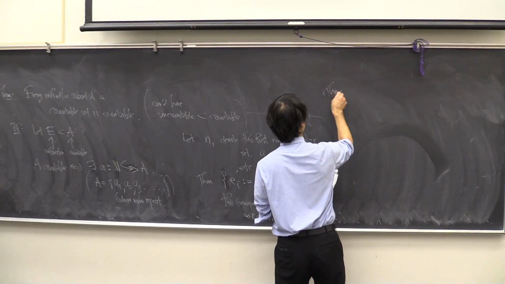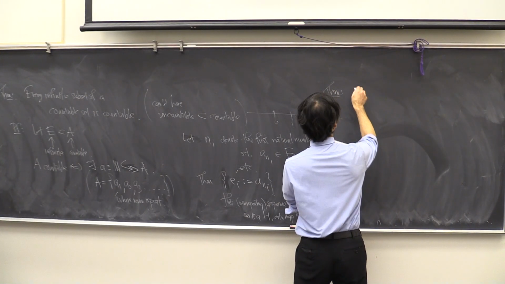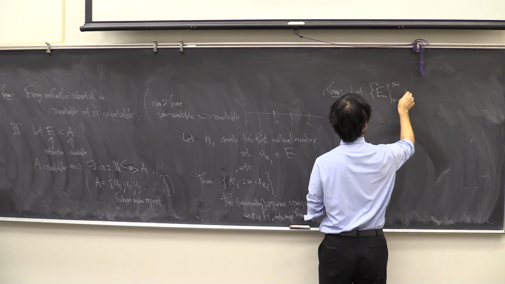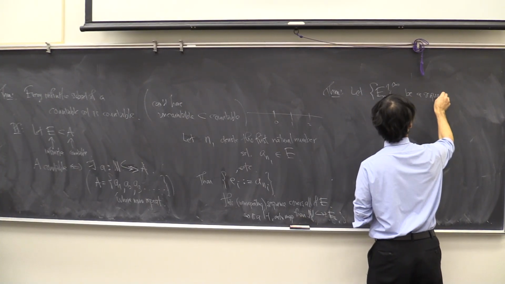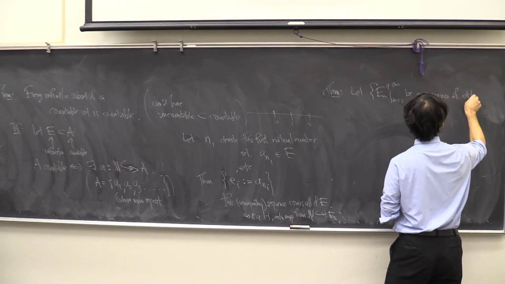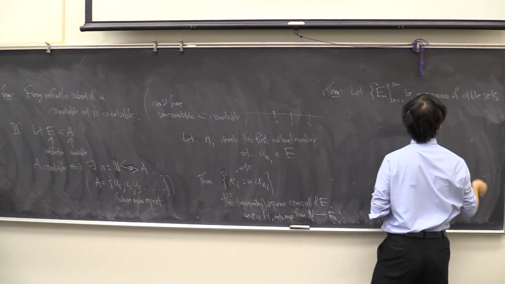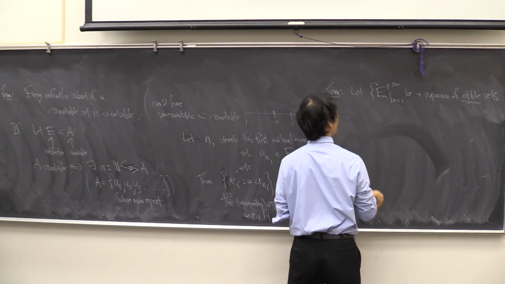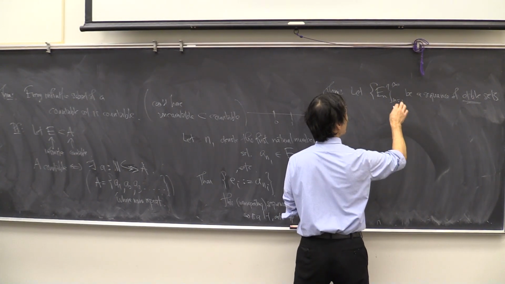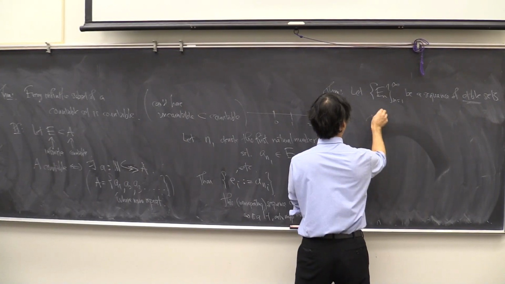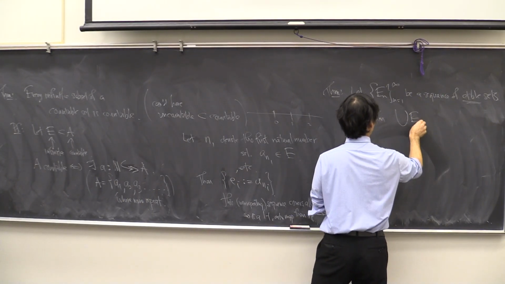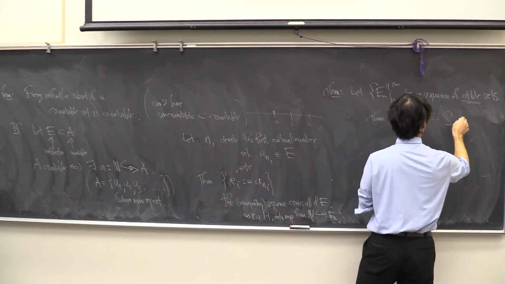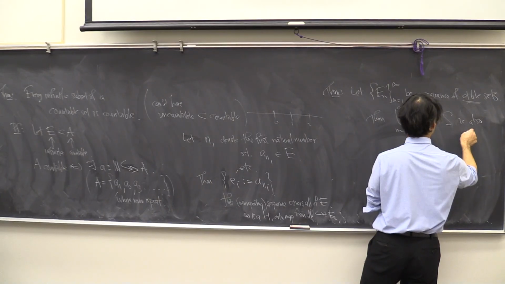So, theorem. Let E sub n, from n equals 1 to infinity, be a sequence of countable sets. I always abbreviate countable as CTBLE. Suppose you have a sequence of countable sets, then their union, which I'll call S, is also countable.